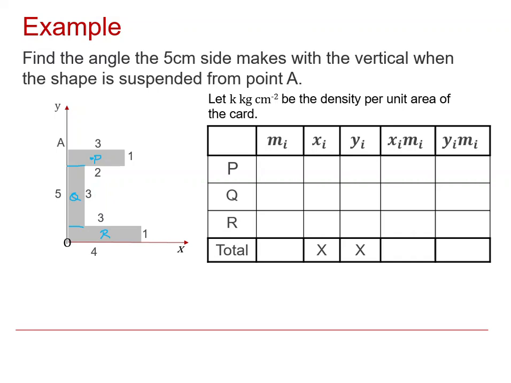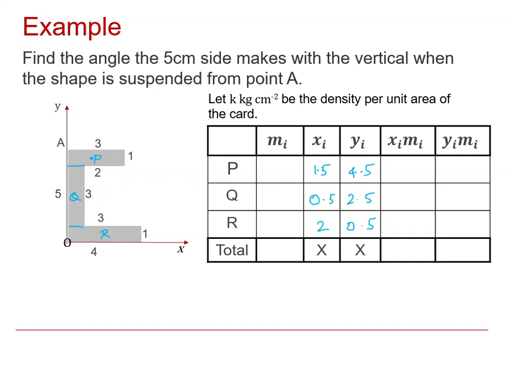I'll put a dot there. So that would be for P 1.5 to the right from the origin, and 4.5 up. Now for Q, we'll expect it to be 0.5 to the right and 2.5 up. And for R, finally, we'd expect it to be 2 to the right and 0.5 up.